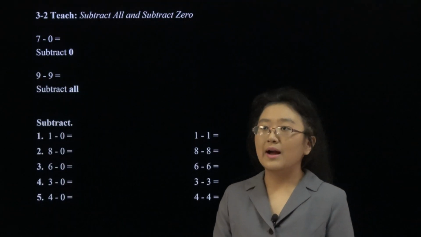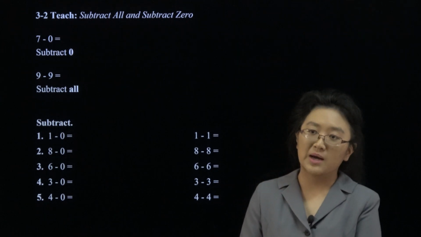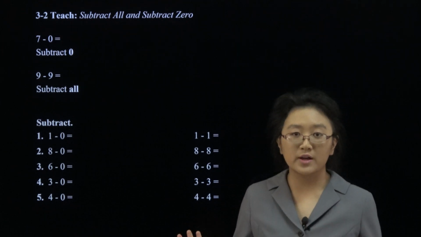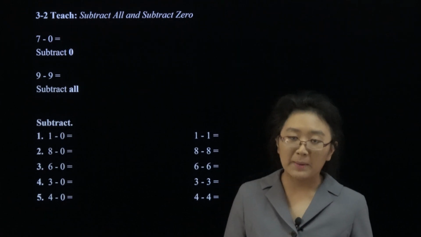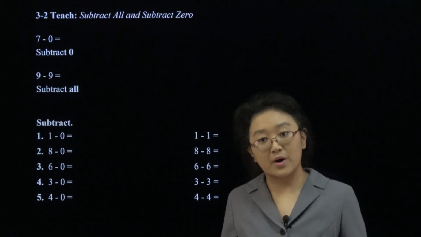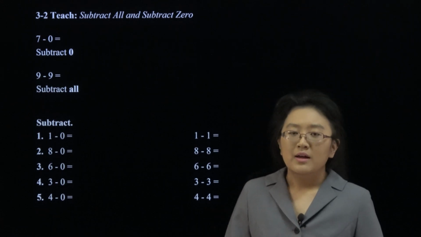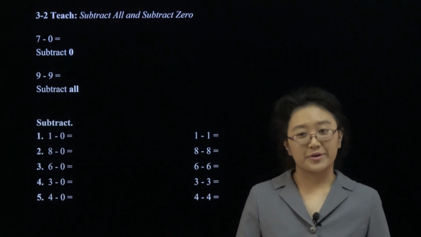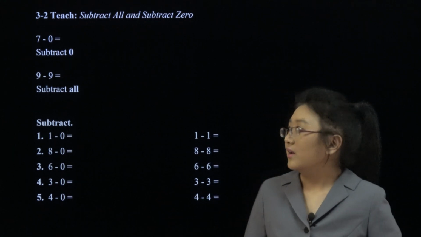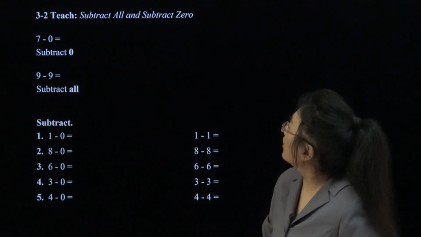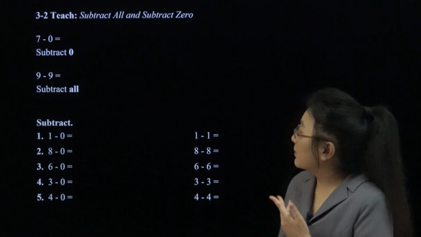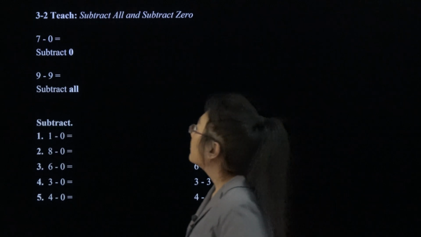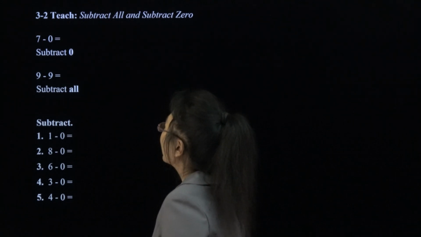So remember how in the last chapter you learned about the addition properties? There was the commutative property and the identity property. But in subtraction, we don't really have names for our properties, but there are a few rules, such as subtracting all and subtracting 0. Subtracting 0 is something like 7 minus 0.